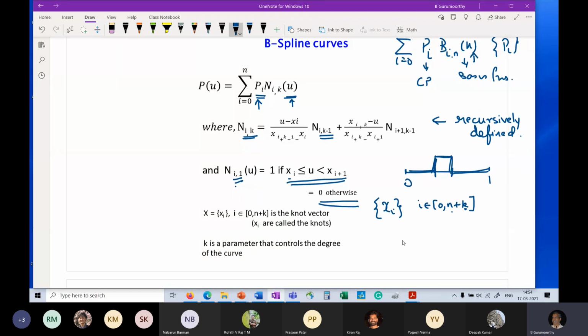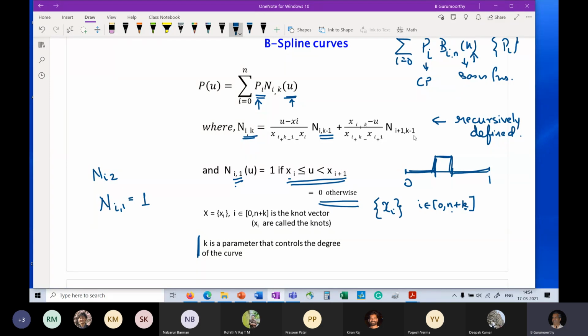Now, the story is revealed right away. What k is: k is a parameter that controls the degree of the curve. And this is something that you should be able to see immediately, because of this recursion that we have defined here. So N_{i,1}, let's say, is a constant 1. Then N_{i,2}, when I define it, is defined in terms of N_{i,1} and N_{i+1,1}.